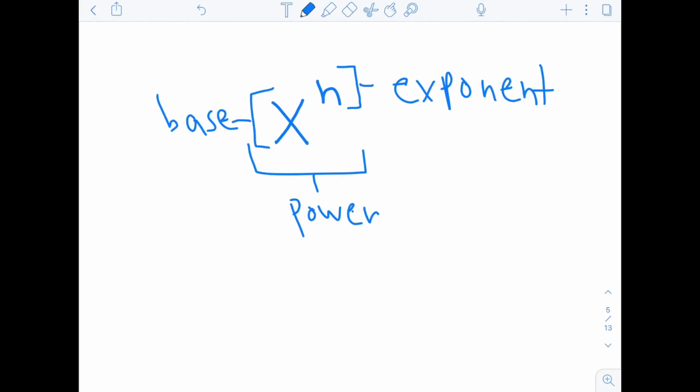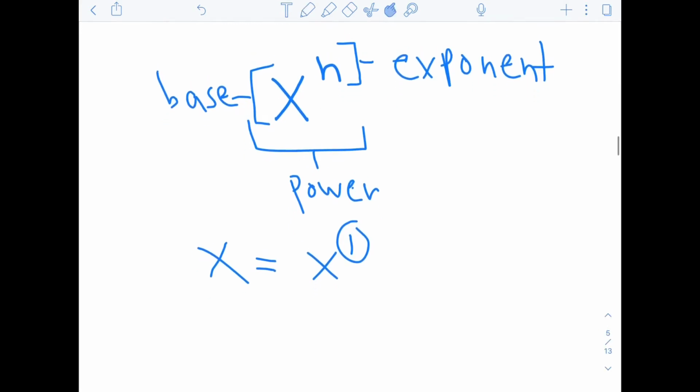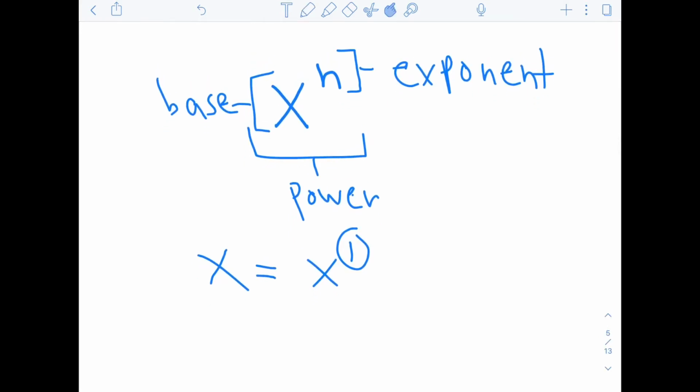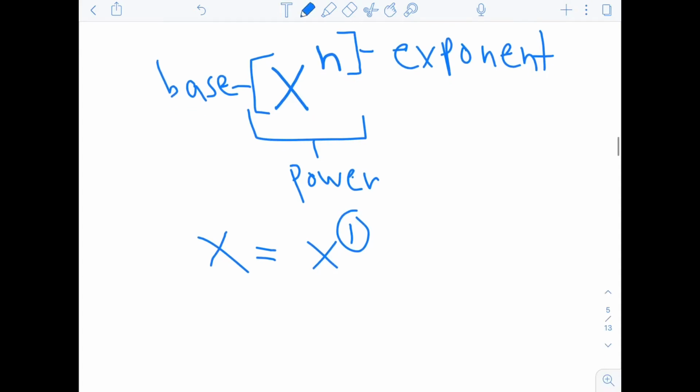Sometimes the words power and exponent are used the same way. They're kind of used interchangeably. So if you have just x, then there's an invisible exponent of 1 there. So when there's no exponent shown, it's just a 1. And this is read as x to the nth power right here.